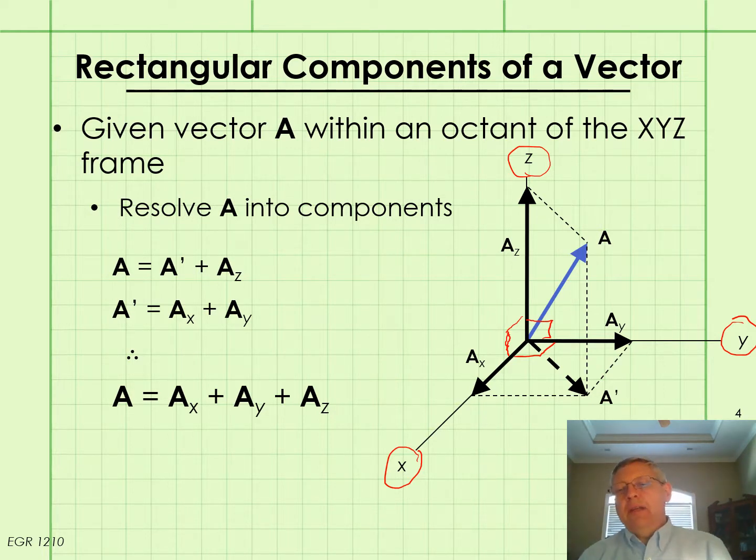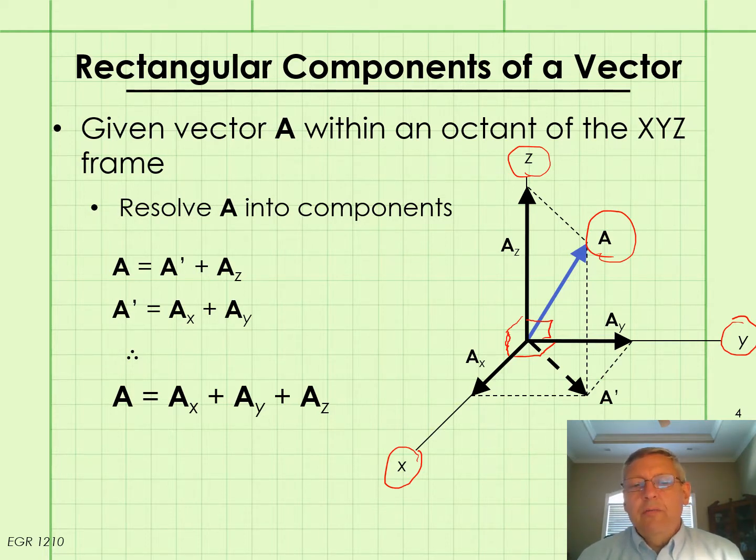Let's look at the vector A that's here in the 3D space that we've created, and we want to resolve A into its three components, its x, y, and z components. So this is going to be a two-step process.